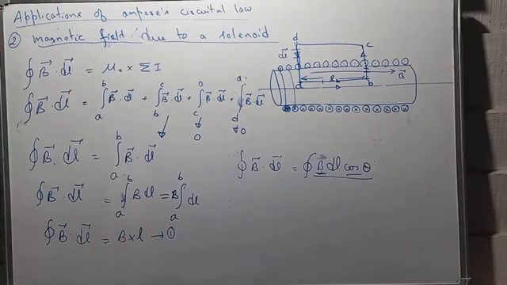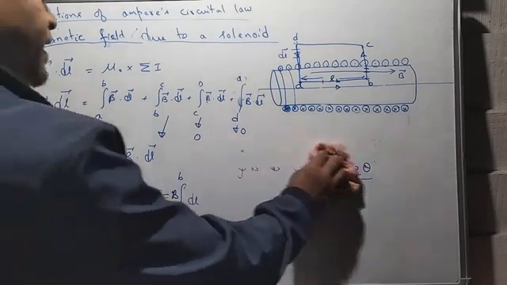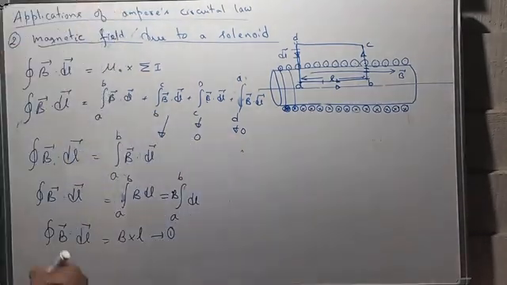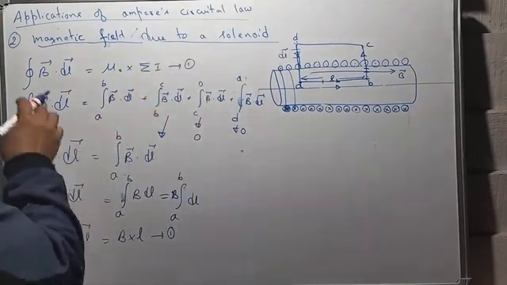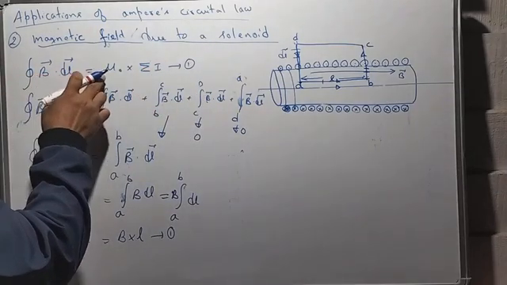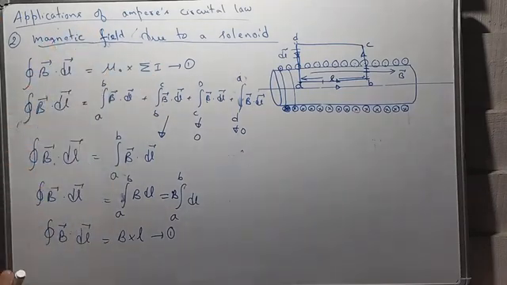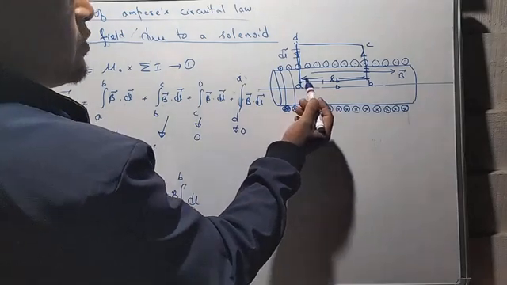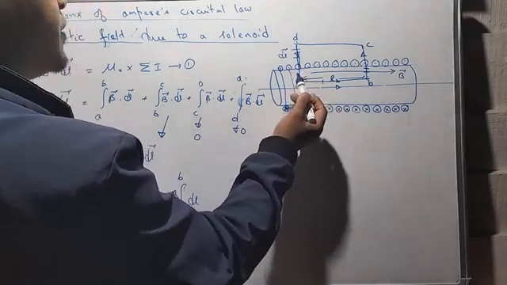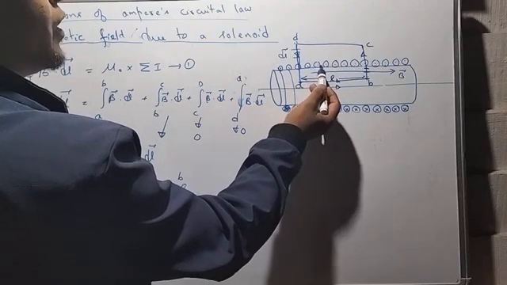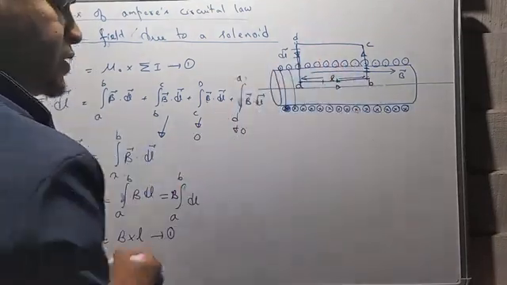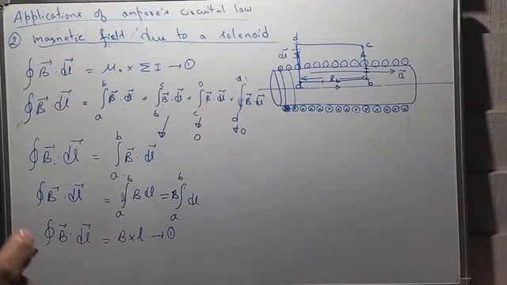Now, again look at this equation 1. The integration of B dot dl is equal to mu naught times the current enclosed by the loop. So how much is the total current enclosed by the loop? In my example, I have chosen how many turns? 1, 2, 3, 4, 5, 6, 7, 8. There are 8 turns of the loop.